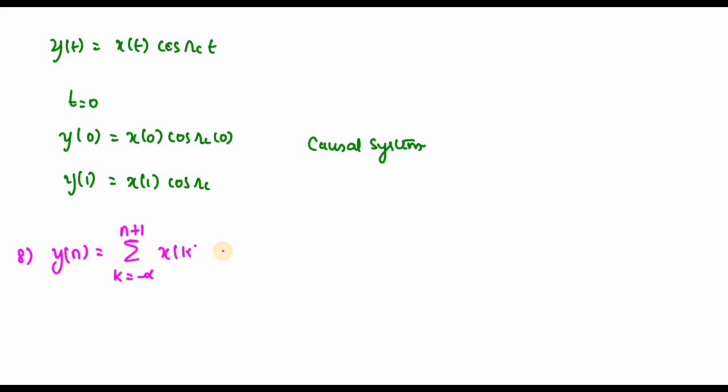I told you this is ranging from minus infinity to x of n plus x of n plus 1. So if I get x of n plus 1, it is non-causal, right? If I substitute y of 0, it becomes x of 1. So it goes to future. So it is non-causal.